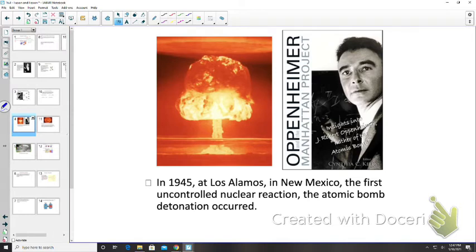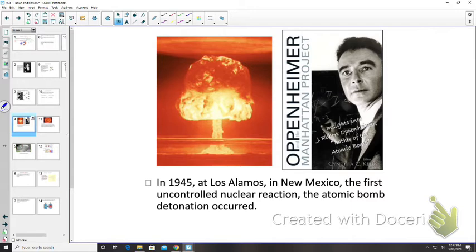In 1945, three years later, and just six years after nuclear fission was first termed, the first uncontrolled nuclear reaction took place, and this was the first detonation, or the first testing, of the atomic bomb. Robert Oppenheimer was the physicist spearheading the Manhattan Project, which is the development of the nuclear bomb.